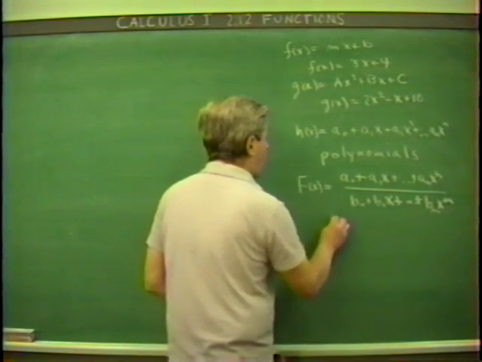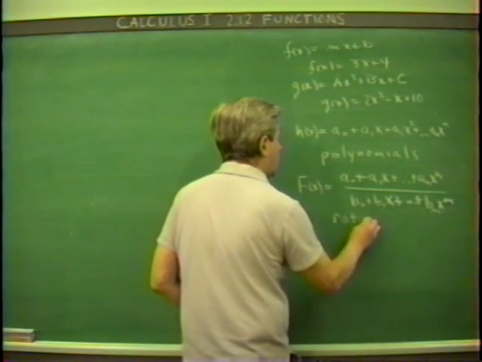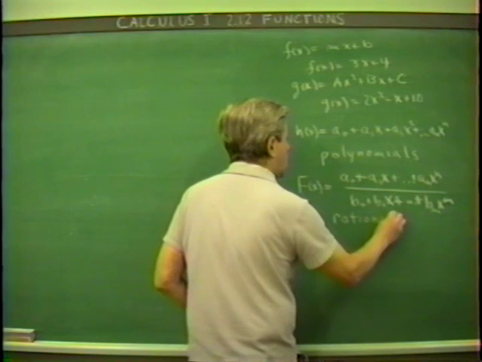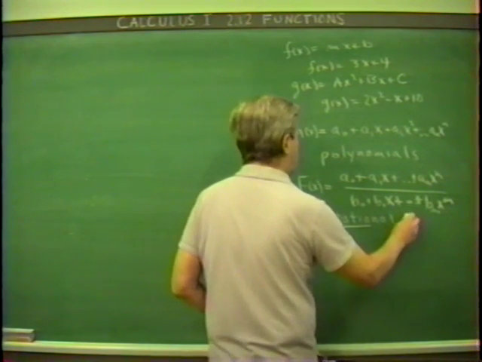Such a function is called a rational function, because it's the ratio of two polynomials.